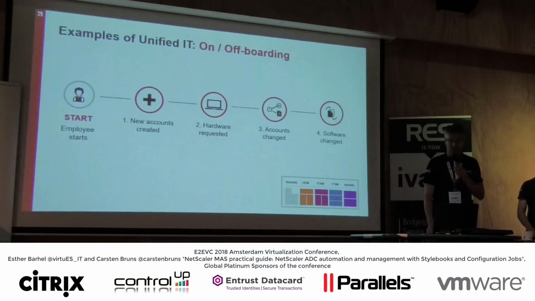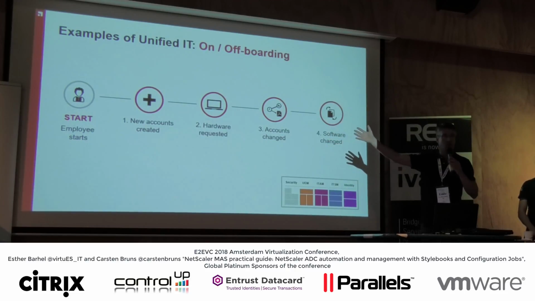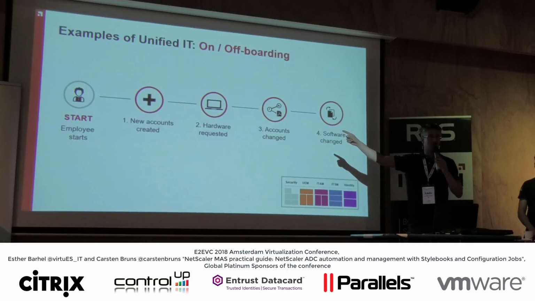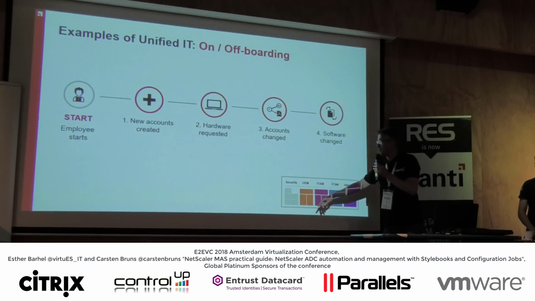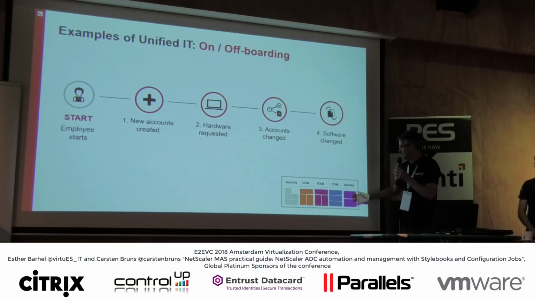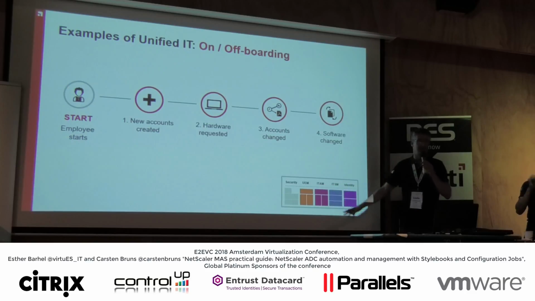Here's another example, and maybe you've seen this before, creating a new employee. Well, we need to create new accounts, we need to order hardware, which happens via service management solutions. We need to make sure that hardware gets installed using endpoint management solutions. Accounts can be changing over time when people move into new roles, right? So this is typically where we see an identity solution, a service management solution, an endpoint management solution involved, and maybe even IT asset management, right?